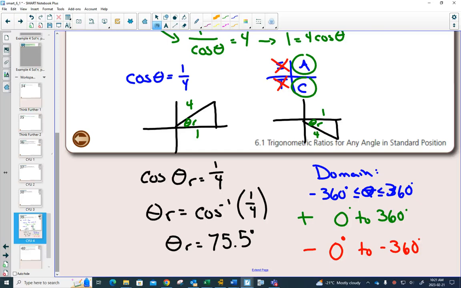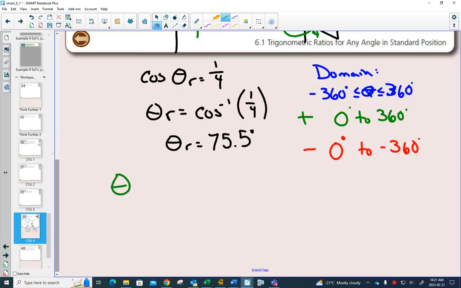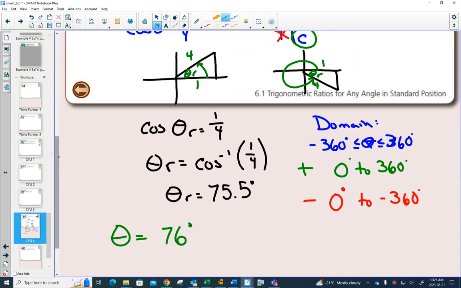So I'm sort of breaking up the negative 360 to 360 by thinking about the positive angles and the negative angles separately. I'm going to draw the positive angles on my diagrams in green. Does it make sense that this would be one positive angle and this would be the other positive angle if I was going once around the circle? If I want to write those answers out, the one in quadrant 1 is identical to our reference angle.